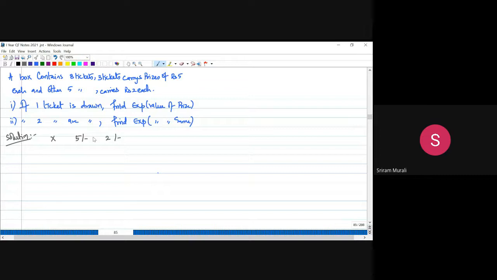What is the chance of getting 5 rupees? In 8 tickets, if I take any 3 tickets, it will be 5 rupees. Likewise, to get 2 rupees in the given 8 tickets, the other 5 are left, so the total probability will be 1.